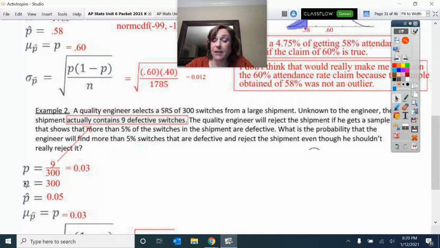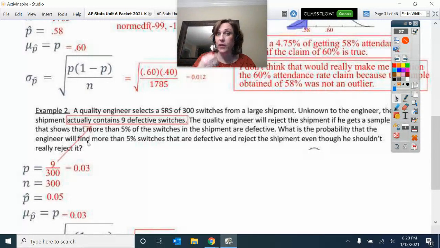And so then, look, our sample size is 300. The quality engineer will reject the shipment if he gets a sample of 300 and, actually, the population is a lot more than 300, but the sample he takes is just 300. So our sample size is 300. Our population is much bigger than that.